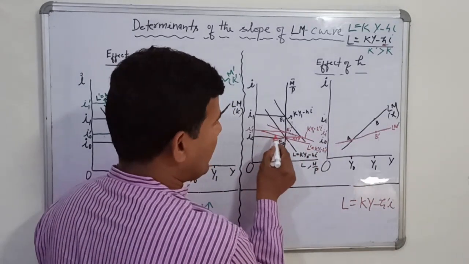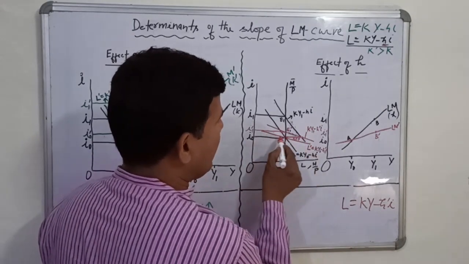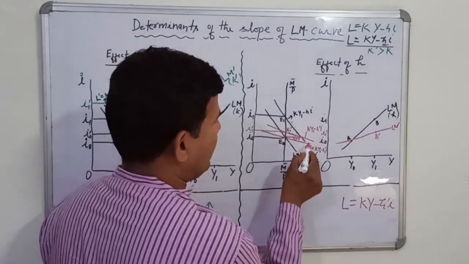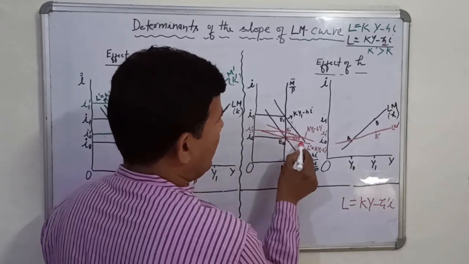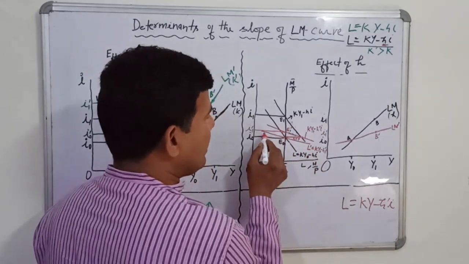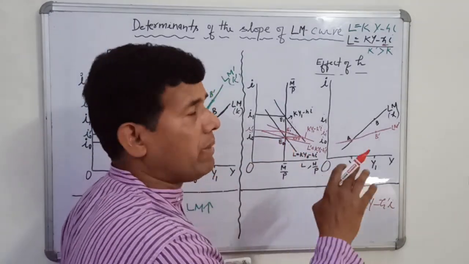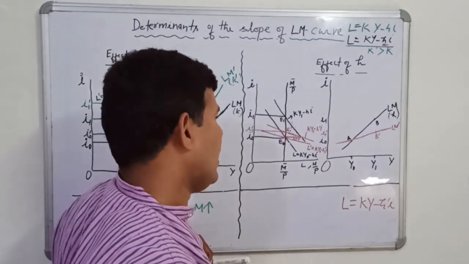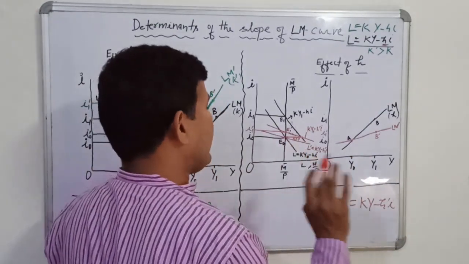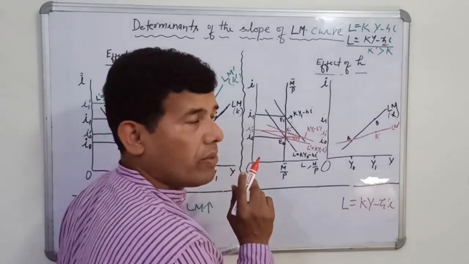Because the value of h has risen, this money demand line becomes flatter. And this flatter money demand line, I am deliberately taking it through point E naught. You can take it above or below, it will not make any difference to our analysis, but just for simplification, I am taking it through E naught itself.